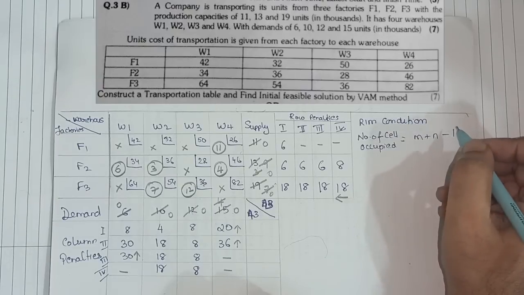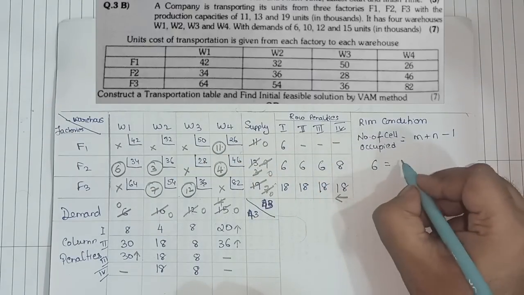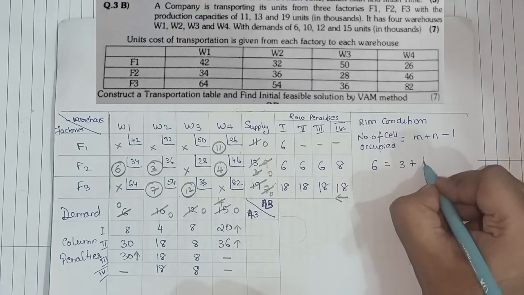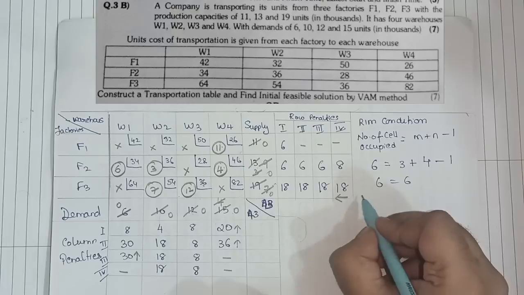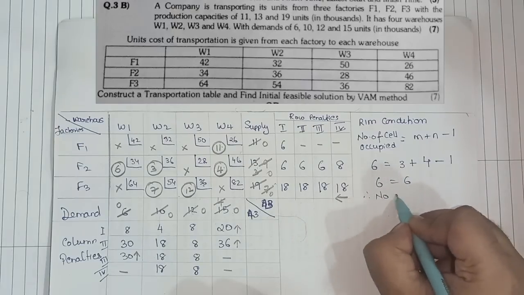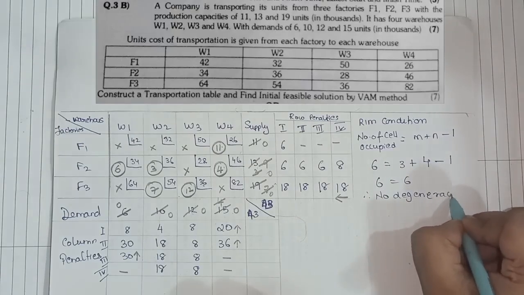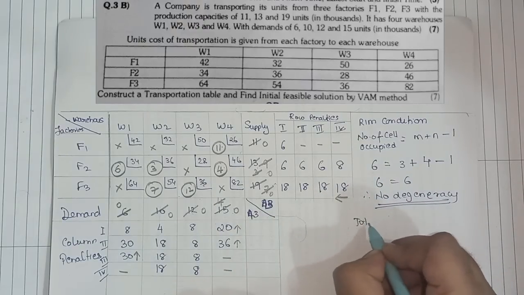So the number of cells occupied: 1, 2, 3, 4, 5, 6. Now rows and columns, so 3 plus 4 minus 1. So 6 is equal to 6. Therefore there is no degeneracy. Okay, so if no degeneracy, we can find the total cost.